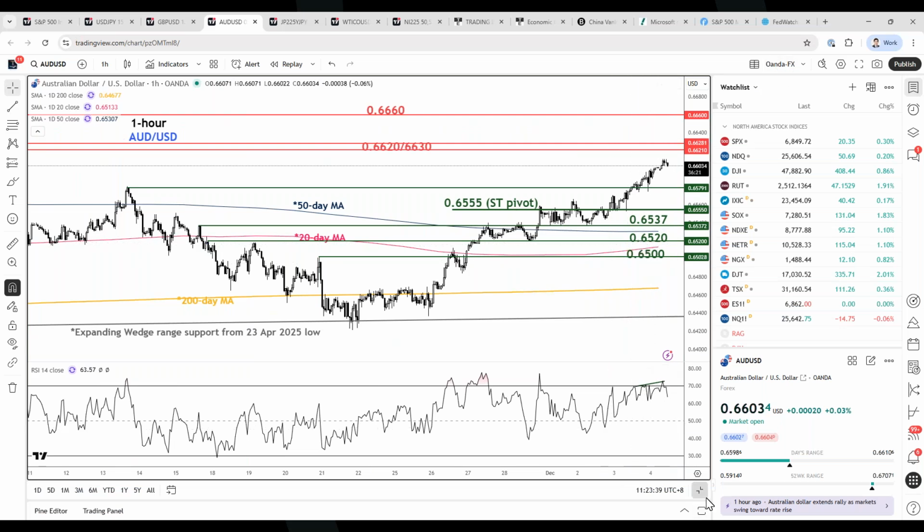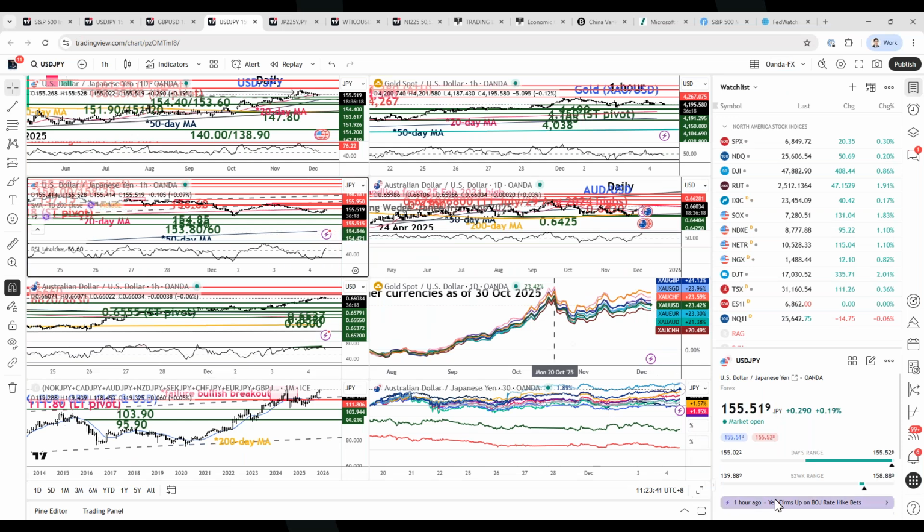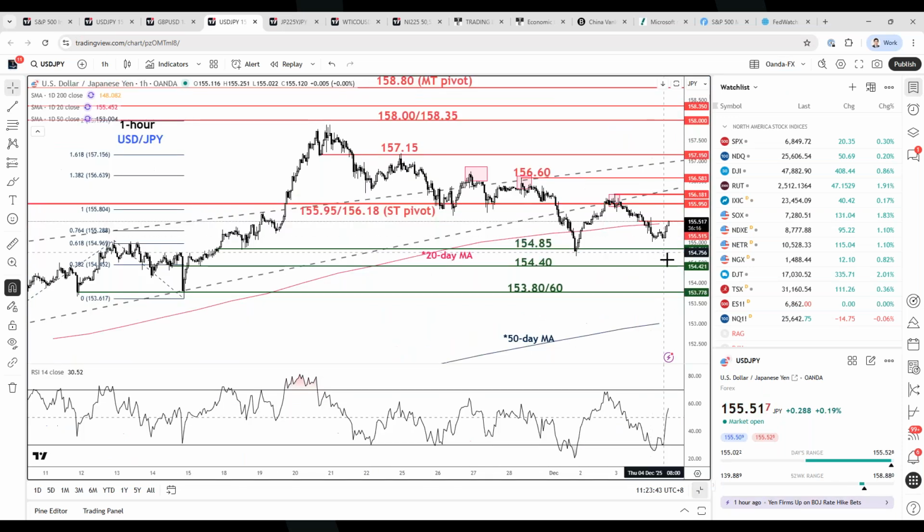Next up will be the dollar yen over here. So the dollar yen managed to slide down as expected below our pivotal resistance zone that we highlighted yesterday at 155.95/156.18, which is the excess. So given the fact that the dollar yen has now started to bounce up from the oversold level over here, there could be a potential retest back again at the 155.95 level, 156.18 level.